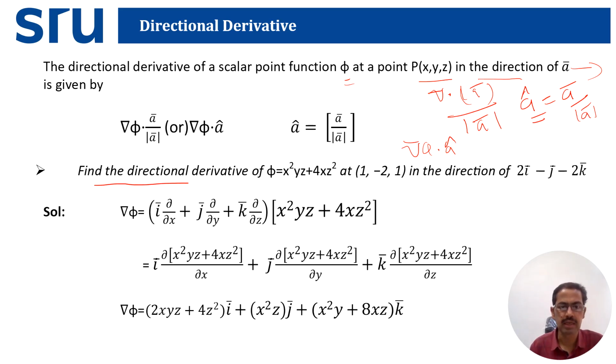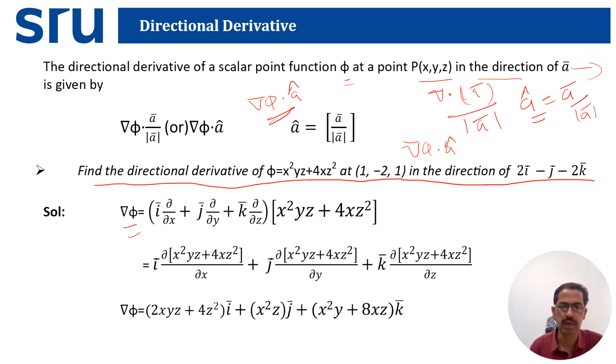Find the directional derivative of phi at the point (1, -2, 1) in the direction of 2i bar minus j bar minus 2k bar. Here, first calculate del phi, then find a cap, then take the dot product between del phi and a cap.